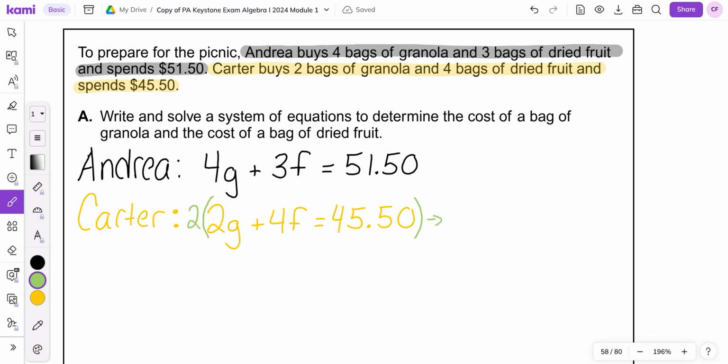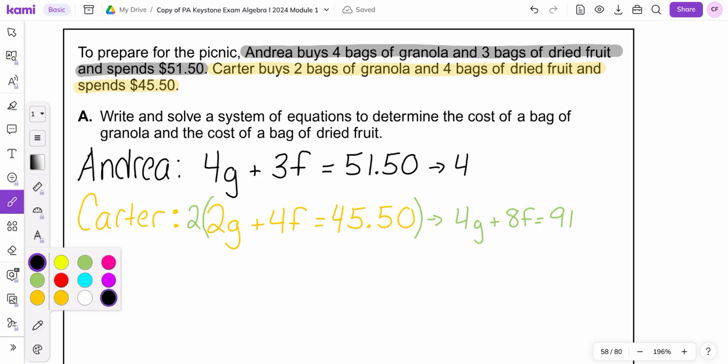When I multiply everything here by 2, I get 4G plus 8F equals 91. The top equation I have not changed, so that is going to stay the same thing: 4G plus 3F equals 51.50.